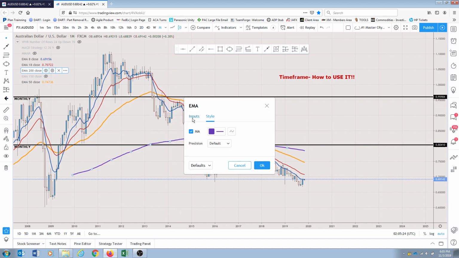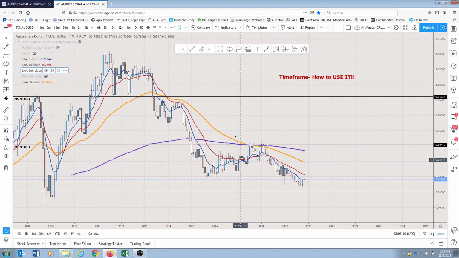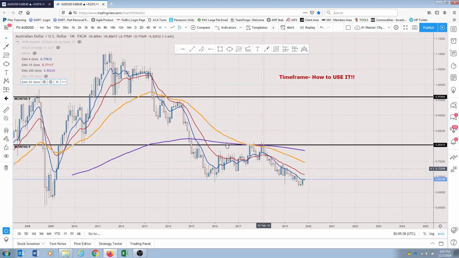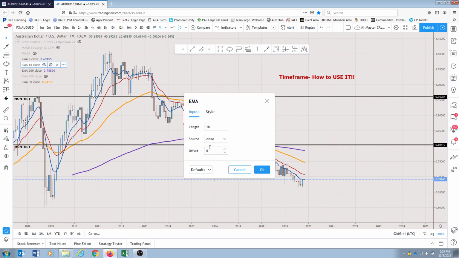Just to recap again, add the EMA 200, purple, to your chart. We also want to have the EMA 50, which is orange.